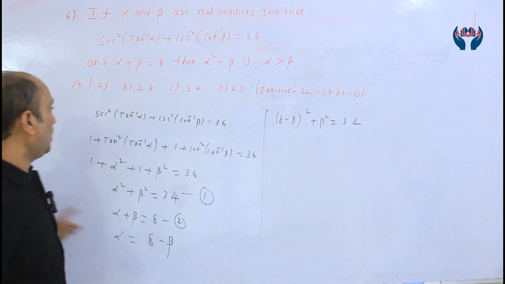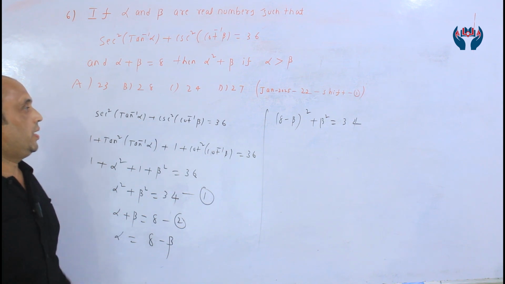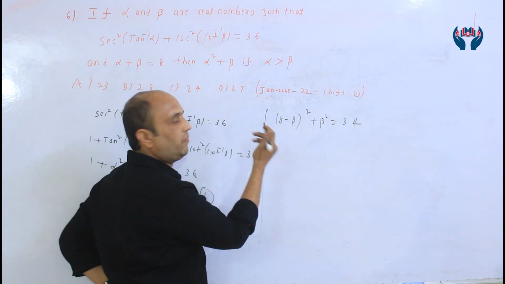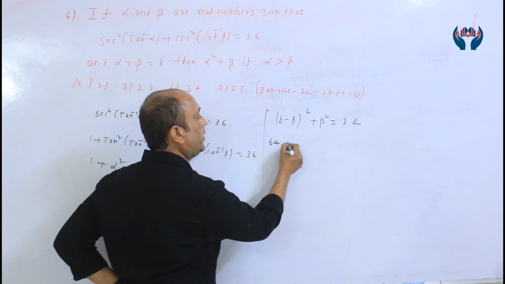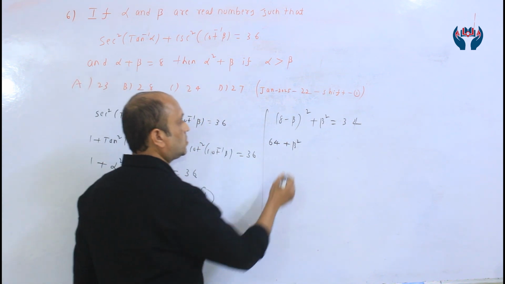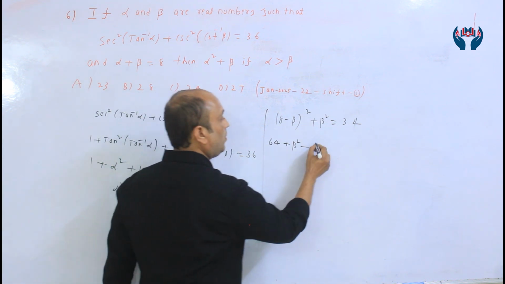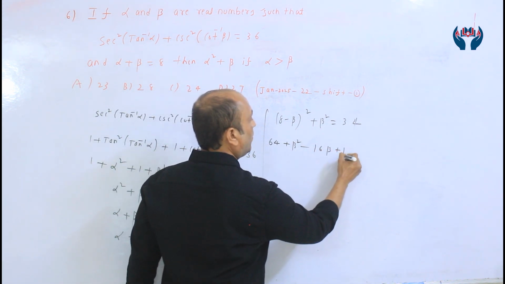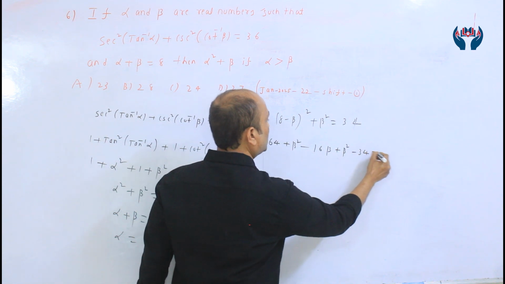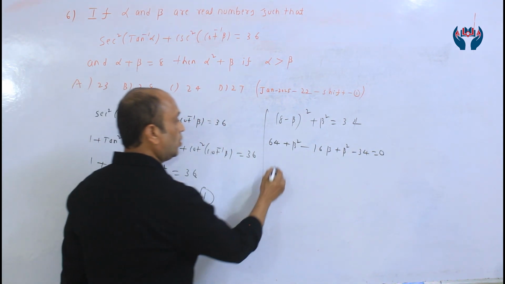8 minus beta whole square plus beta square equal to 34. This is in the form of a minus b whole square, a square plus b square minus 2ab, that is 64 minus 16 beta plus beta square plus beta square minus 34 equal to 0.